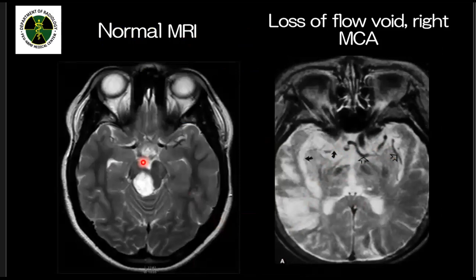So normal MRI versus the loss of flow void in the right MCA. Normally we can see some black tubes in the left in comparison to the right, which means there is no blood flowing within the vessel.